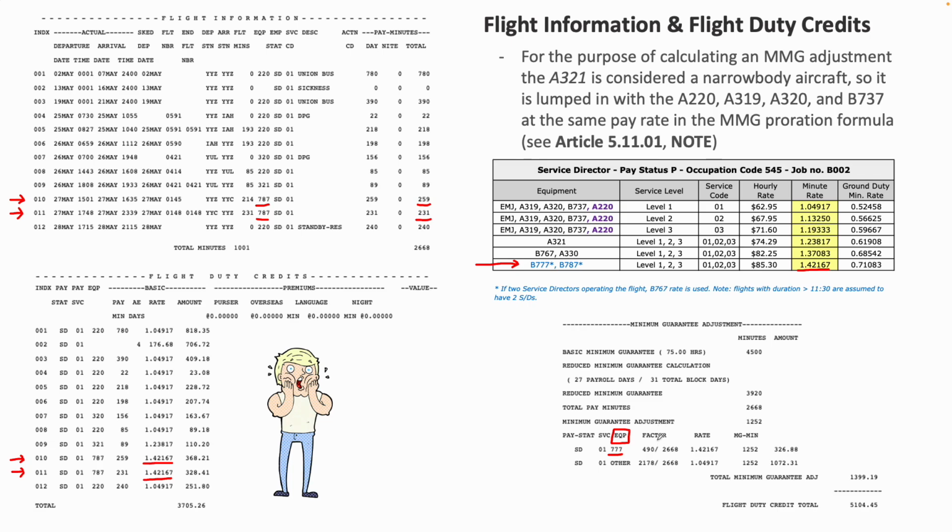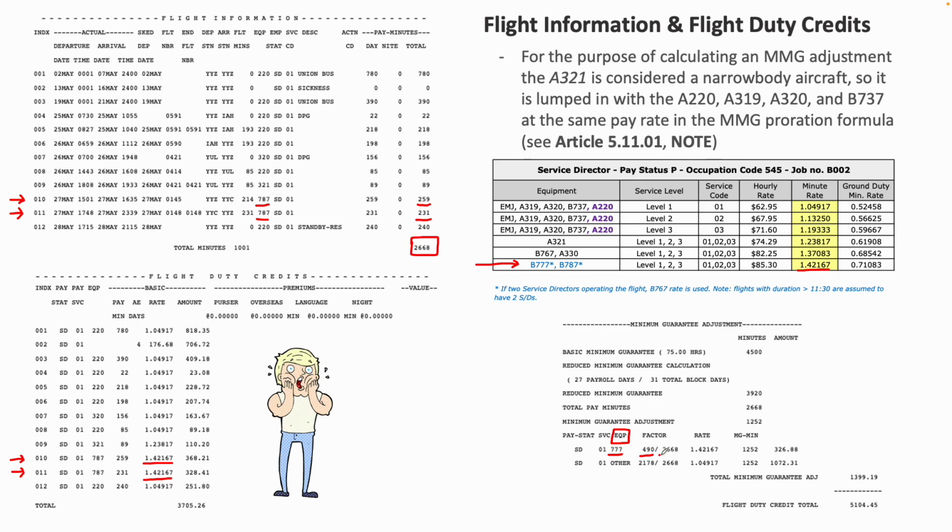So what we check here is we want to make sure that the number of minutes that we flew are accurately encoded in this category. So indeed we see 490 as far as the number of minutes that were payable in this category for the flying month. We know that 2,668 minutes is the total number of minutes that we were paid for our flying that we actually did.